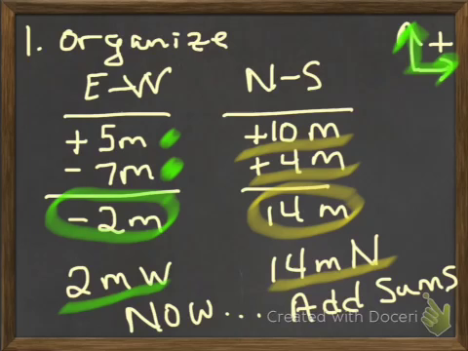It only matters that their magnitude and direction are the proper size, length, and in the proper direction. So by finding the sum of all the east-west, we can find the total displacement in just the east-west direction. And then by finding the north-south sum, we can find the total displacement just in the north-south direction. Once we've done that, our problem becomes much simpler.